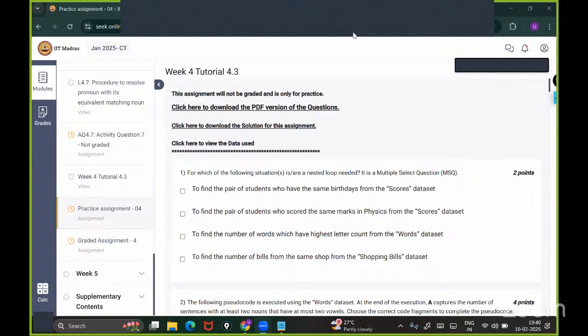The last question is about whether the paragraph words dataset contains the information of pronouns to resolve its equivalent noun. Do we have anything like that in the dataset? No. Okay. You can just check with the lecture also.